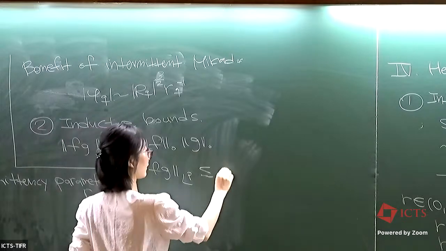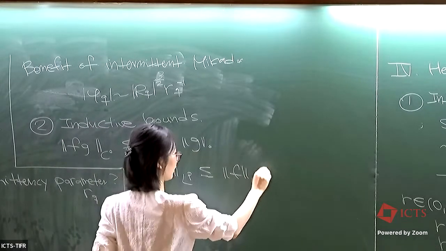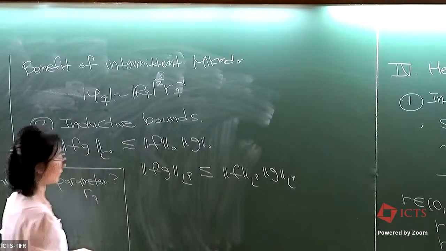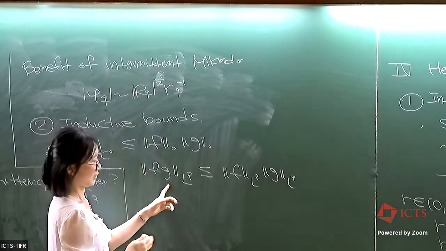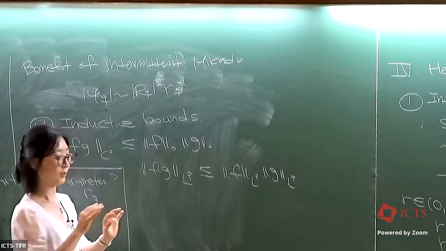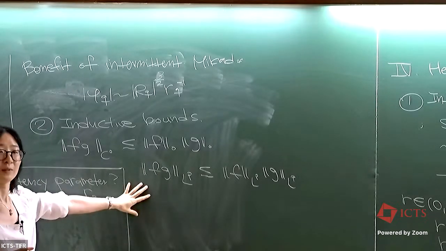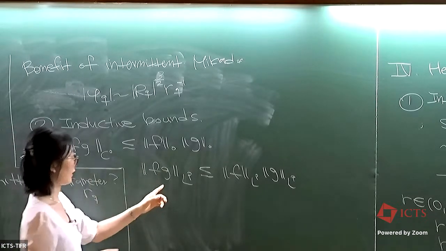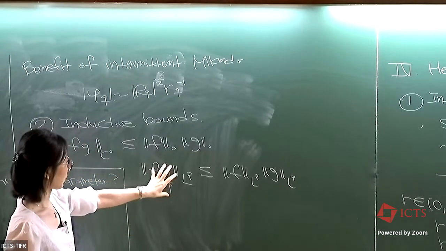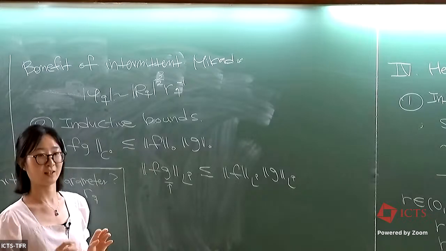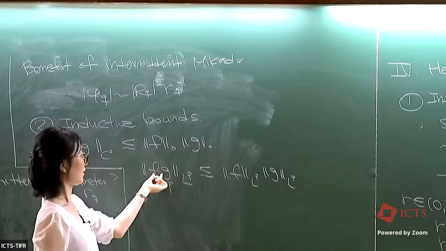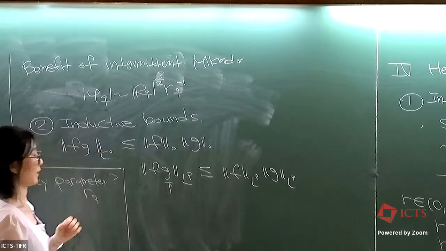It's not like the LP norm of the product is bounded by the LP norm of each function. So this is not true in general, but if F and G have a frequency separation, this is possible. Because let's say G has a much higher frequency than F, then from the perspective of G, F is almost like a constant function, so you can actually take it out. So when F is constant, this holds. That's the idea.